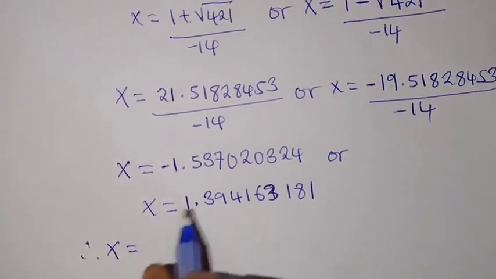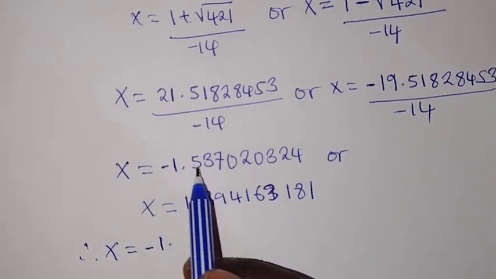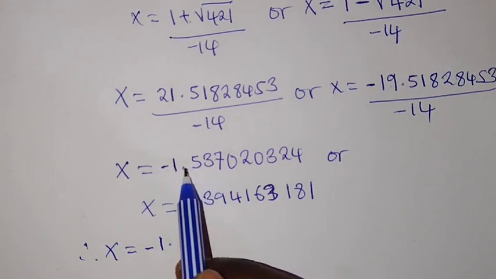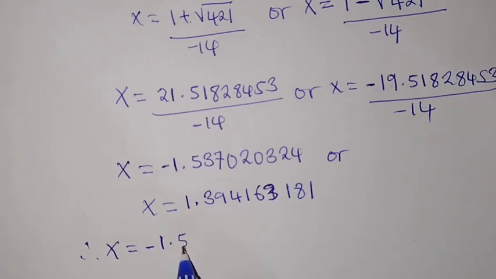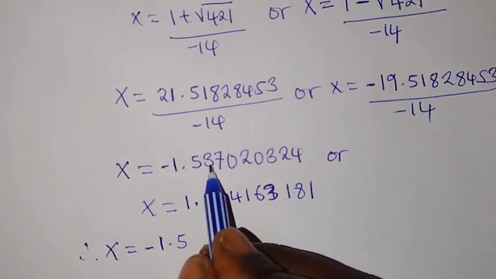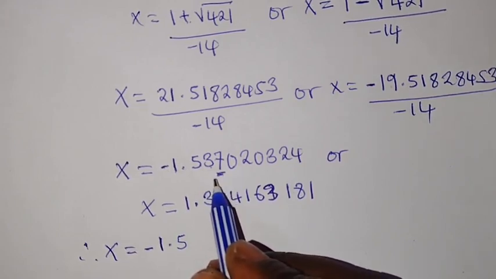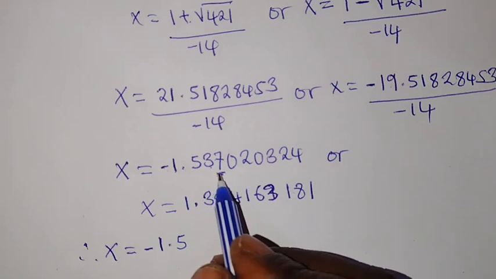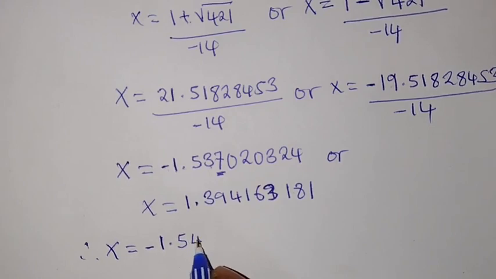Therefore, x is equal to -1 point. So 2 decimal places, it's right here 1, 2. So we write 5. The second decimal place will be a 3. So this 3 will be rounded off by 7. So if a number is equal to 5 or greater than 5, it will round up the preceding value. So this 3 will be a 4.